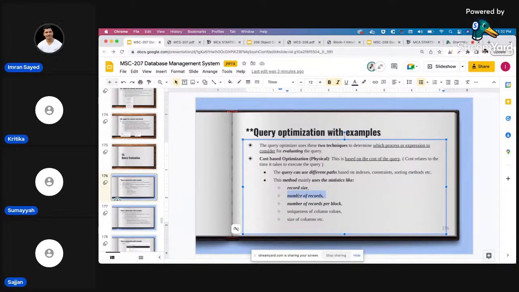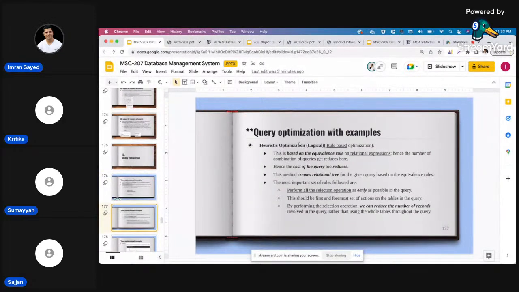If you use limit one, you're only going to get one data. So number of records matters in the cost of the query, because if you're going to get 100 records, then it's going to take more time versus if you get just one record. So that's what it talks about, and looking at the statistics you can decide what you need to do, how to improvise the query. The number of records per block, uniqueness of column values, size of the columns, etc.